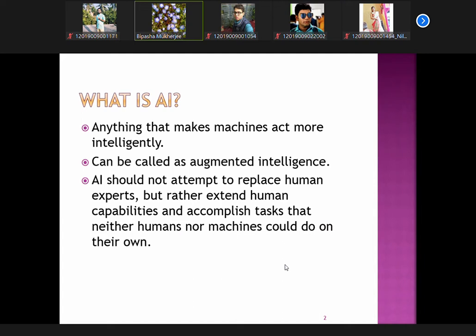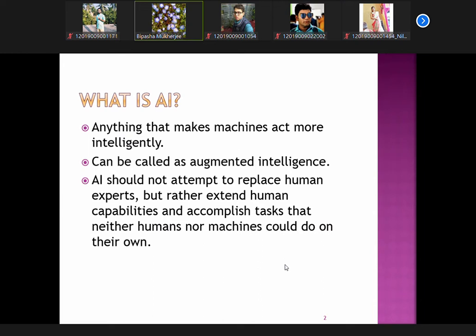That's why it's called augmented intelligence. It means you have no such thing to do that a very intelligent machine will be produced directly. No, no such thing will happen.